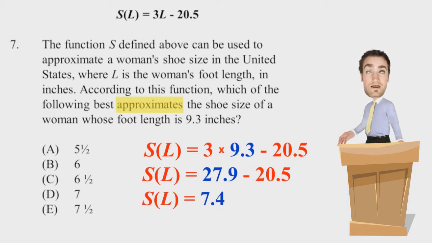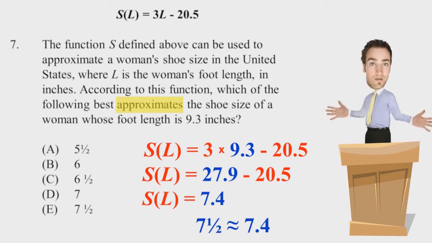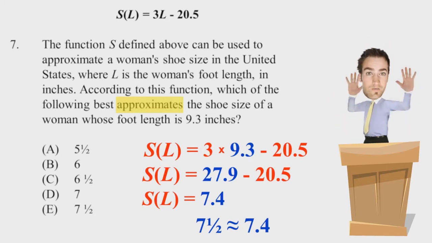Which one of these is the closest shoe size? Is it 7.5 or is it 7? Well, 7.4 is very close to 7.5. So indeed, the correct answer is 7.5. It looks complicated. It really isn't. It's just simple multiplication and subtraction, and a little bit of English.